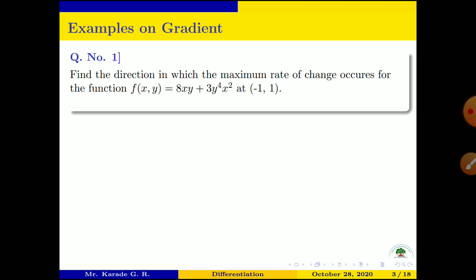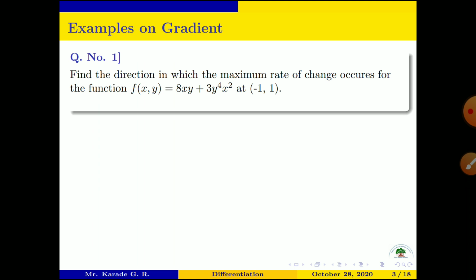Examples on gradient. Write down question number 1. Find the direction in which the maximum rate of change occurs for the function f of x comma y is equal to 8xy plus 3 times y raised to 4 into x square at point minus 1 comma 1.